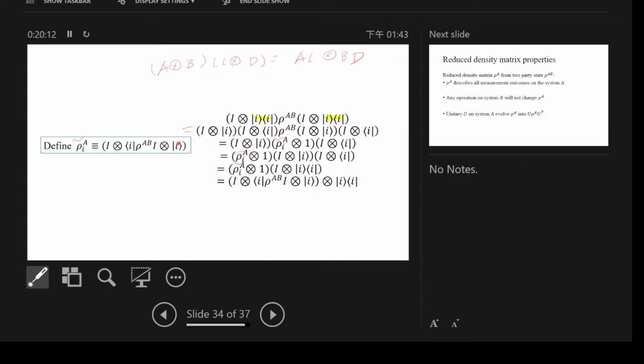I guess technically you should not say system B anymore. On the second slot, it becomes dimension 1. So this thing only has a value on the first register.